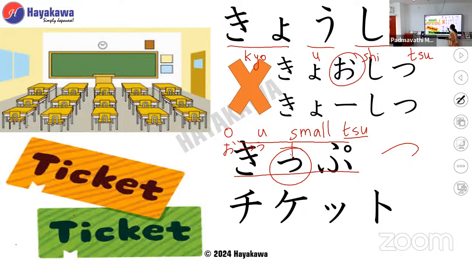But you see the height of su is lowered down, which means it has a special term there. This small su doesn't have any special pronunciation on itself. It doesn't have any pronunciation, right? But it will carry the sound of the hiragana which is following it.